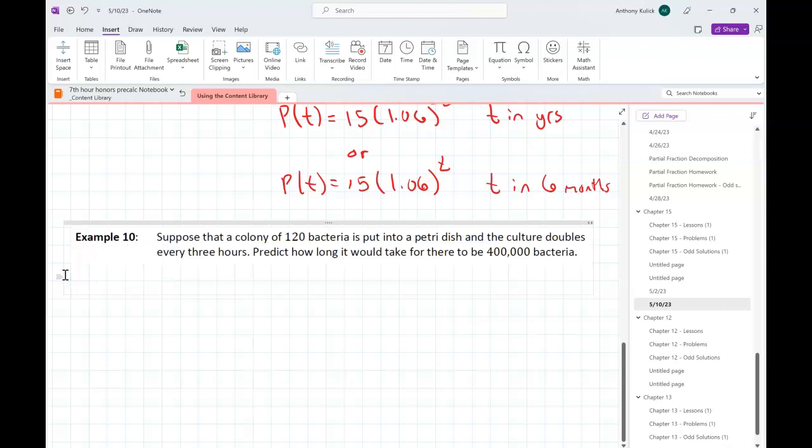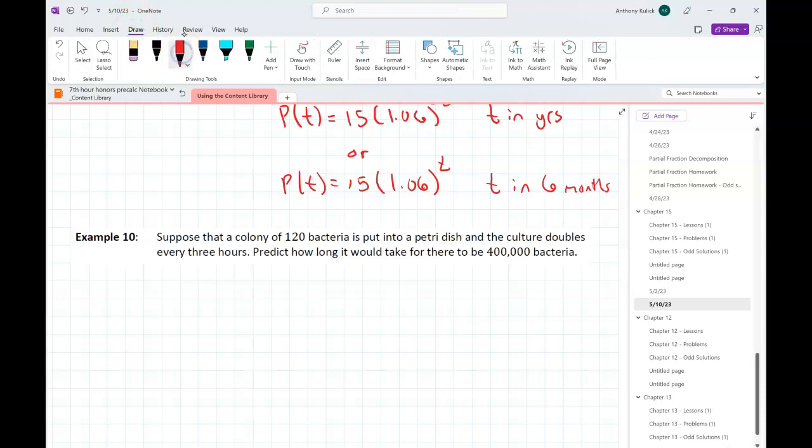Suppose that a colony of 120 bacteria is put into a petri dish and the culture doubles every 3 hours. Predict how long it would take for there to be 400,000 bacteria. So when I read this, I really read this as a two-step situation.